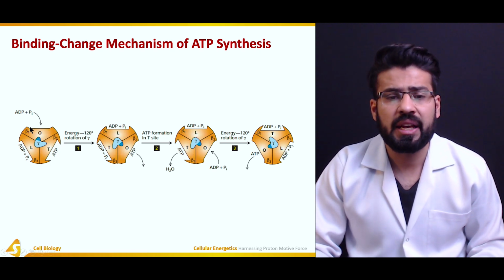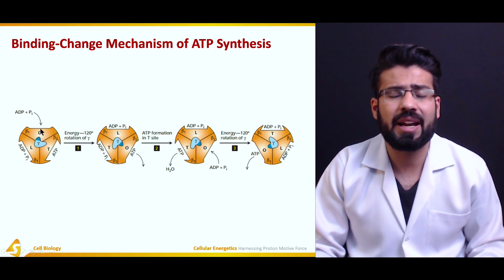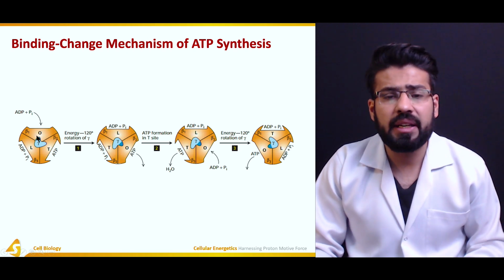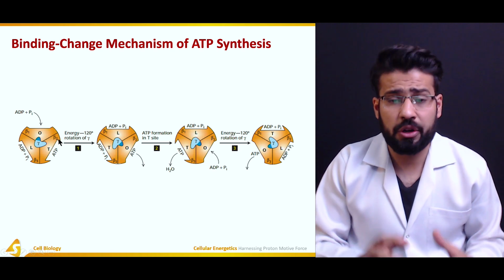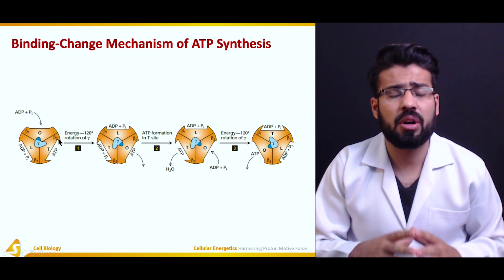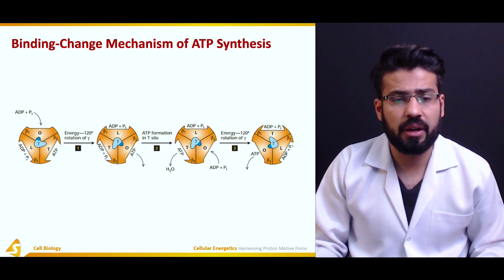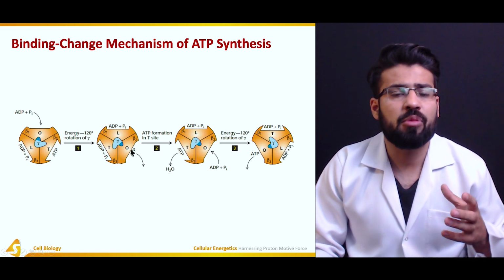Initially, the O is free, and it is going to cater the binding of the ADP and the inorganic phosphate. This binding is going to cause morphological changes, and the energy is going to cause a rotation of around 120 degrees. As a result of the rotation of 120 degrees, it is going to be moved.